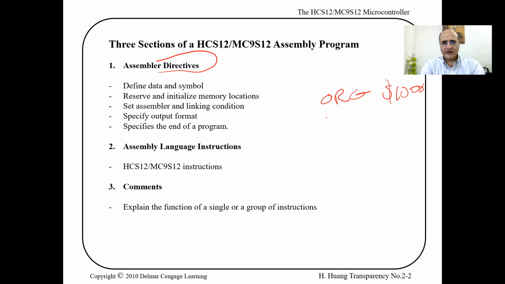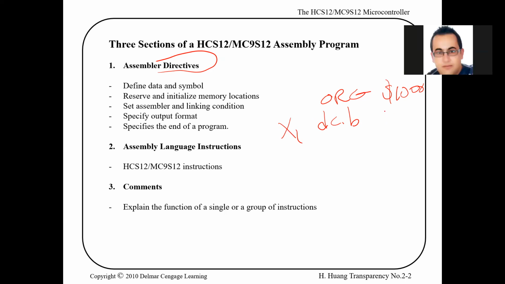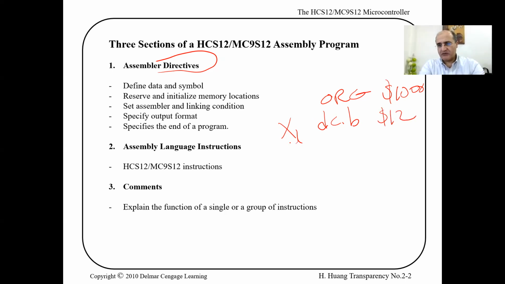Then we had another directive, define constant byte. We had a label, for example x1, define constant byte 12. Well, this is a label, and you don't have to use it, by the way.